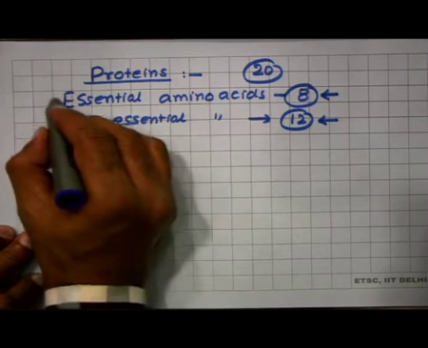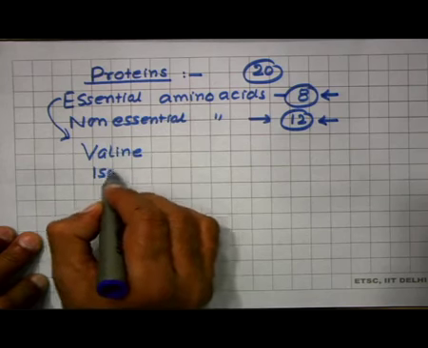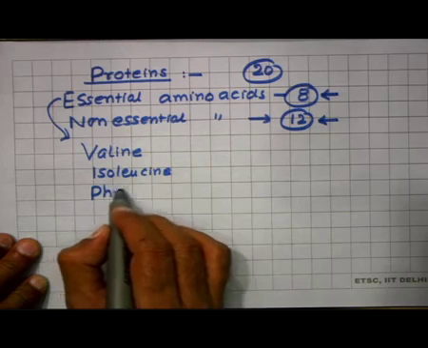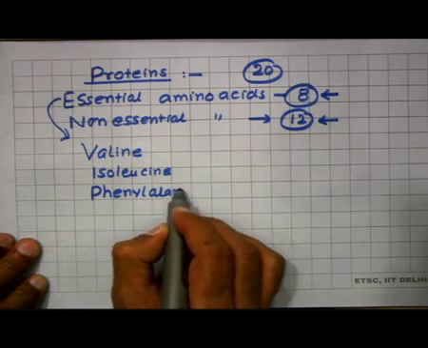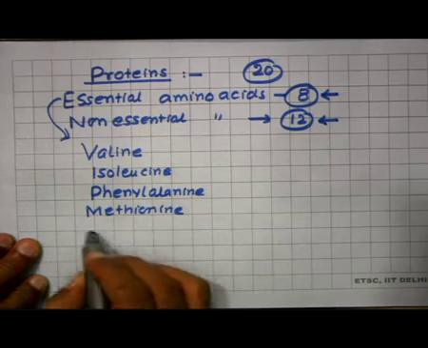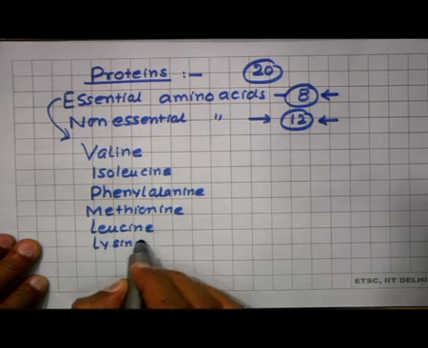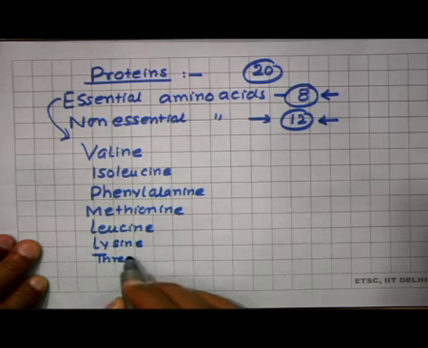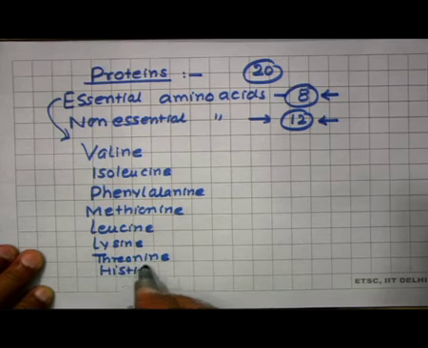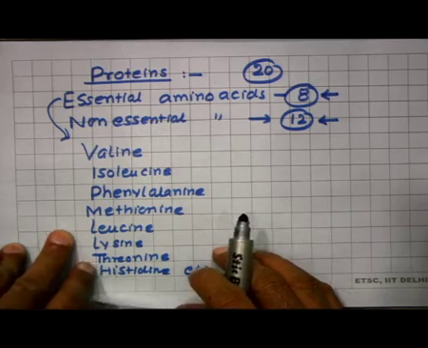The names of these essential amino acids are valine, isoleucine, phenylalanine, methionine, leucine, lysine, threonine, histidine, etc. So, these are the essential amino acids which are not synthesized by our body.